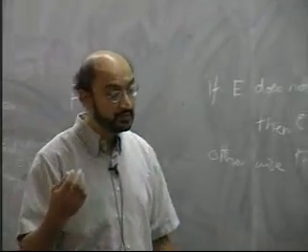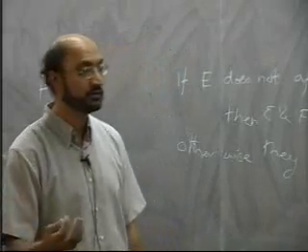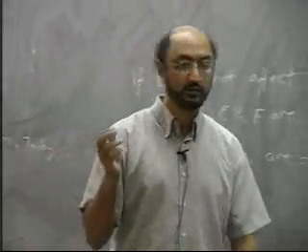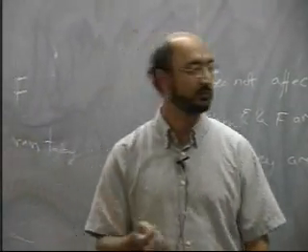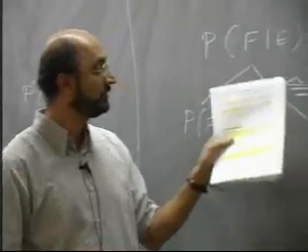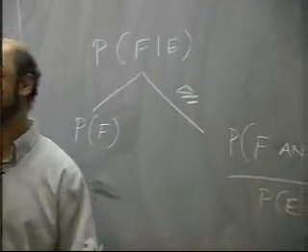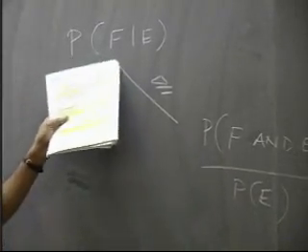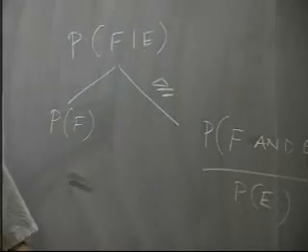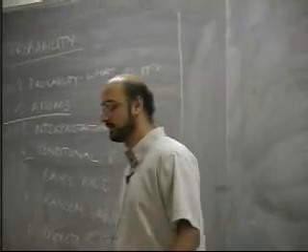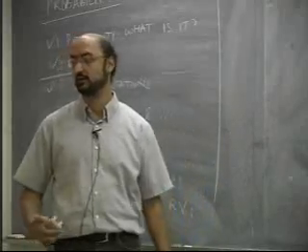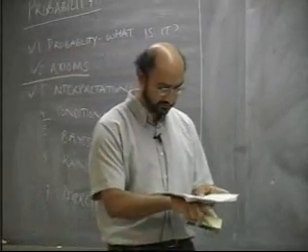And I have some idea of whether rain is going to happen given it's cloudy, rain given it's sunny, etc. Now I've been given some information, which is that it is sunny outside, so I'm going to remove all of those other events and restrict the sample space. And when we do that, it turns out that the probability of F given E comes out from this particular value here. And just to get our analysis and the axiomatic approach to work, we have to define it in that particular fashion, and also you can justify it yourself independently.